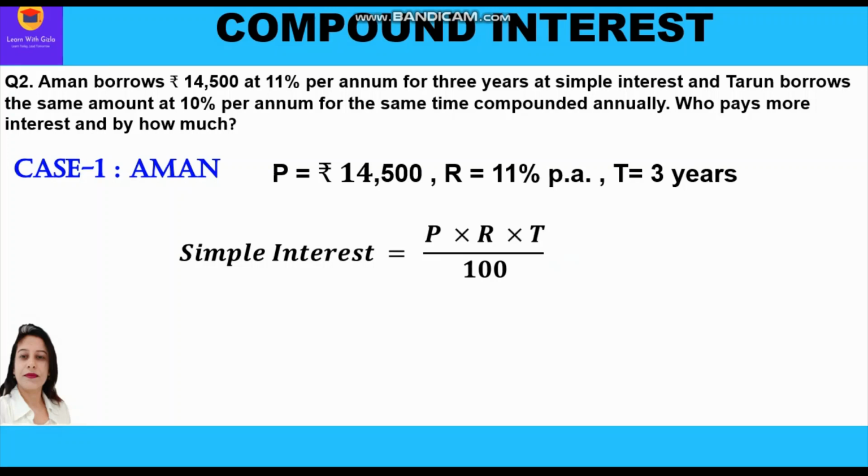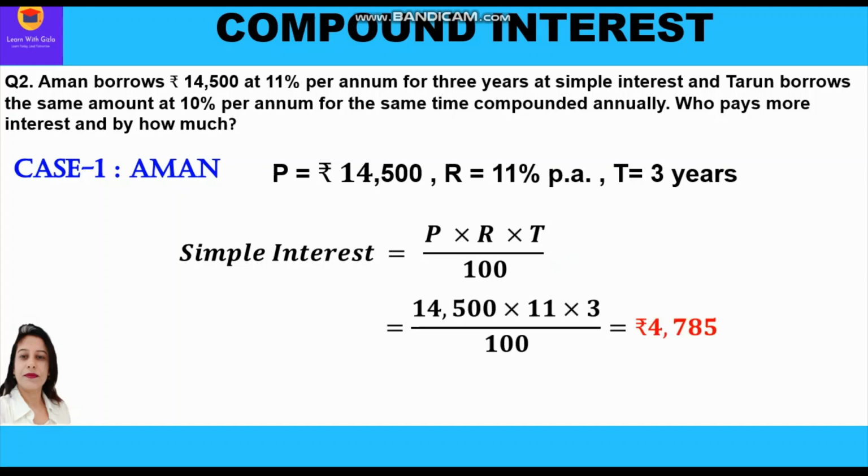Accordingly we substitute the values: 14,500 into 11 into 3 upon 100 is equal to rupees 4,785. So this is the simple interest which Aman has to pay for the period of 3 years at 11% per annum.